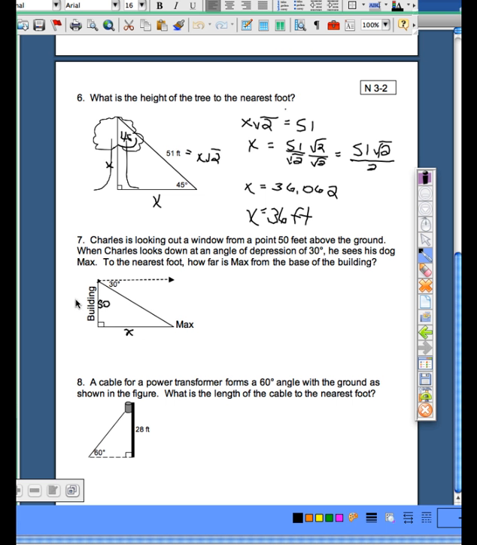Now, if you remember, this is two parallel lines. If this is 90, that means this whole angle here is 90. So this piece of the angle right here is 60 degrees. That means that this is 30 degrees.